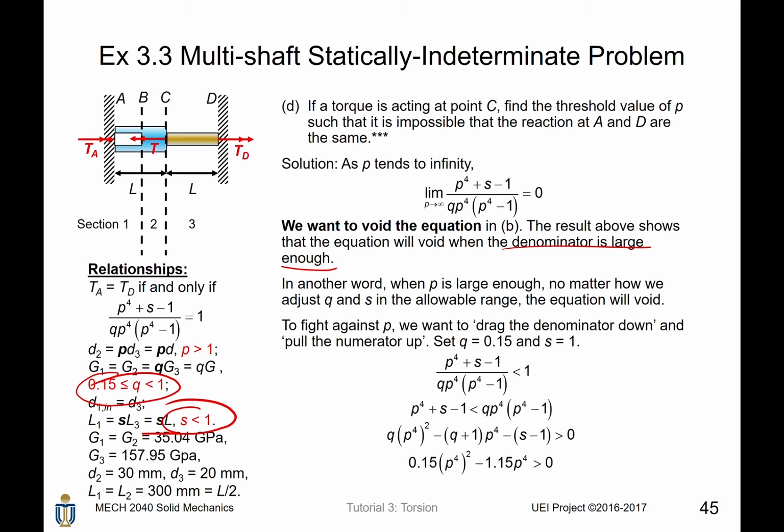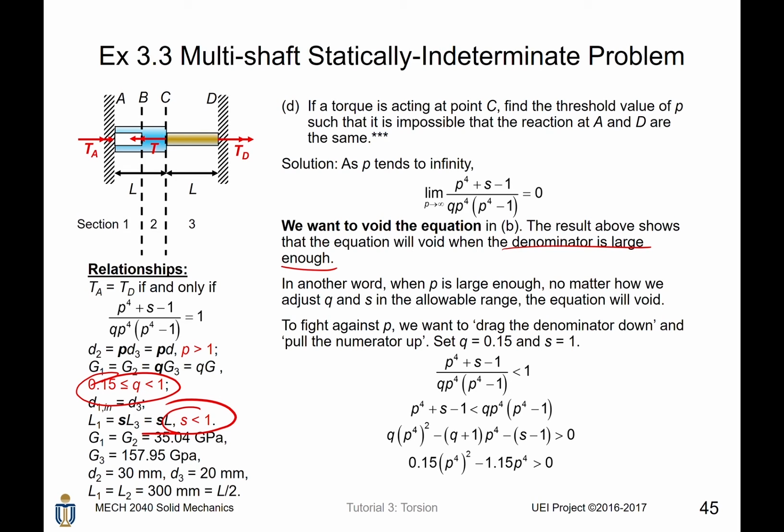Consequently, in order to fight against P, we want to drag the denominator down and pull the numerator up. That is, since we are going to find the threshold value, we will try our best in the allowable range to make this equation valid first, such that when we have already chosen the optimal values of Q and S, we can say, okay, the P we reached will be the threshold value such that it is impossible to make this equation valid.